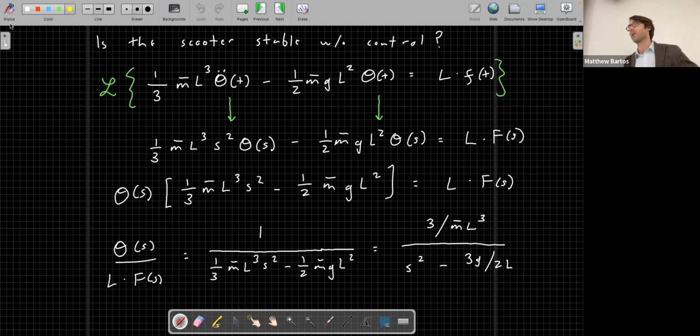What this would correspond to in the real world would be, we have some sensor that's able to measure the angle. That sensor inputs the measured angle into some control rule, which is used to create an actuator signal that's going to control the scooter position using some motor inside of it. So what we want to design here is that control logic.